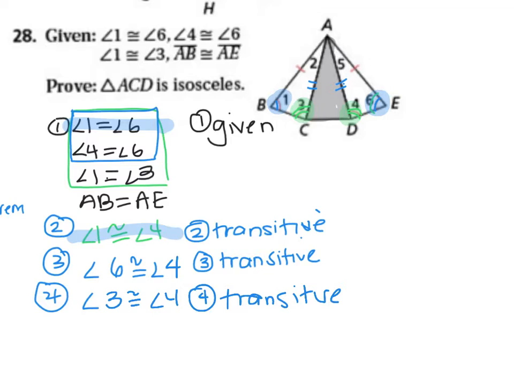And then I already have that AB equals AE, so I can actually say at this point the triangle ABC is congruent to triangle AED. And what's my reason? So this is not here yet. Let's work backwards.